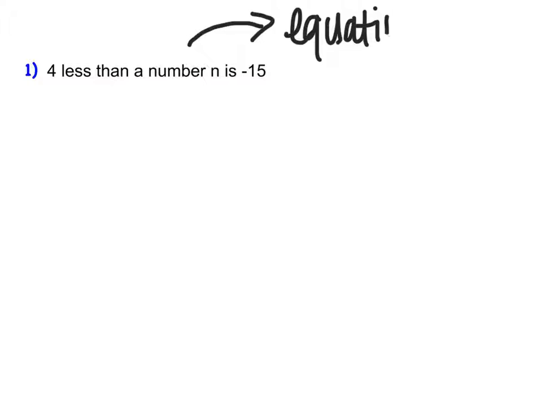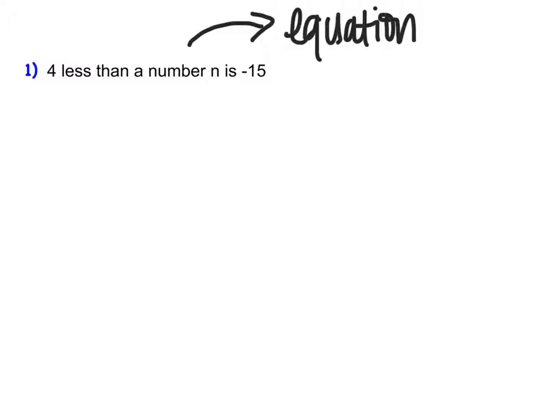Now, any of you that have studied foreign languages, what you do when you translate is you look for a word that has the same meaning in the given language. So if you have a word in Spanish, you want to translate it to the word with the same meaning in English. Well, here we're going to take the words in our English sentence and we're going to translate it to the symbols in an equation.